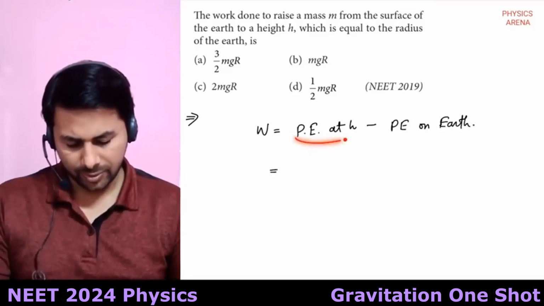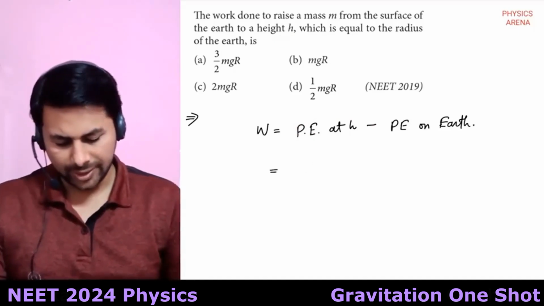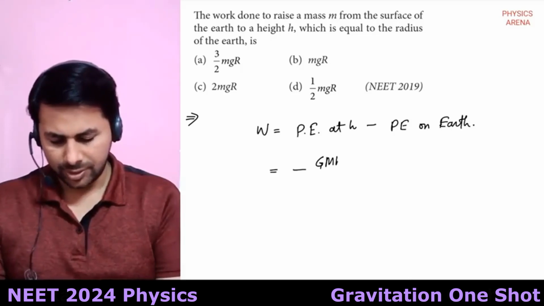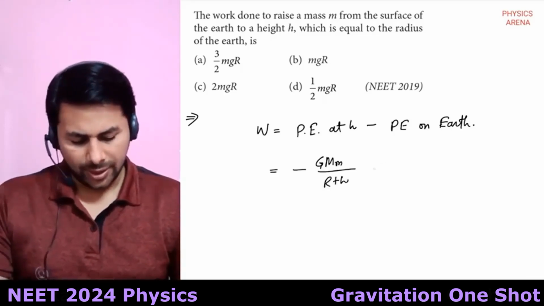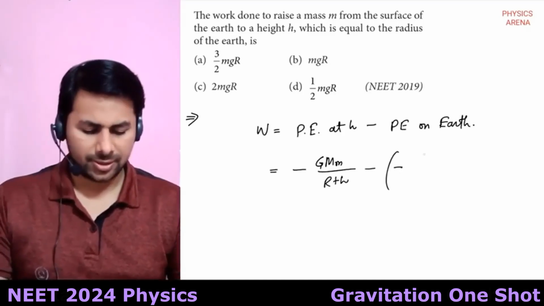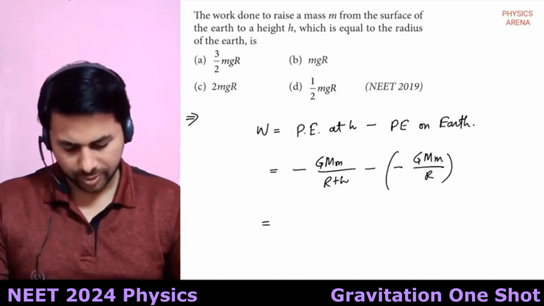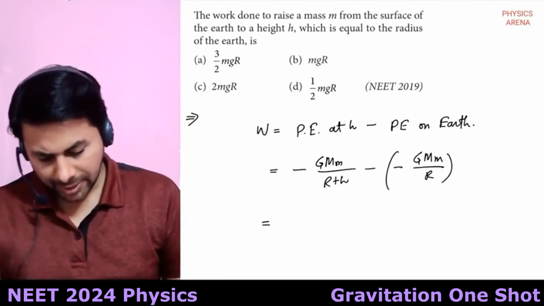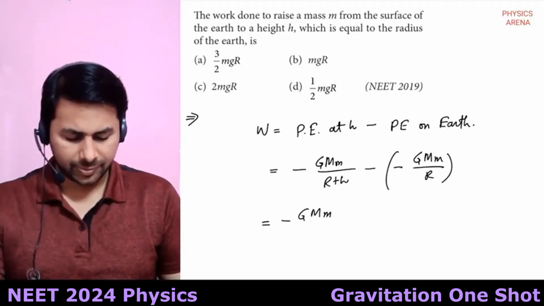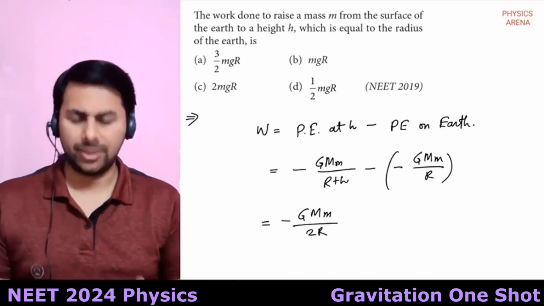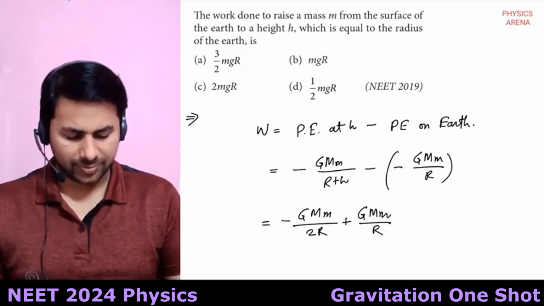Potential energy at height h is minus GMm upon R plus h, and you have minus of minus GMm upon R. What is h? Equal to the radius of Earth. So this is minus GMm upon 2R, because h is equal to R, plus GMm upon R.